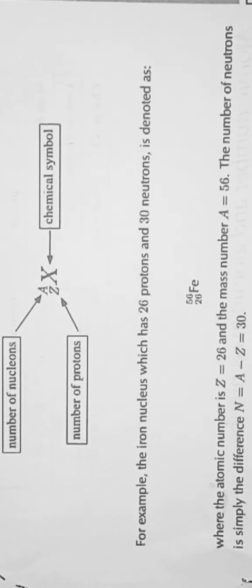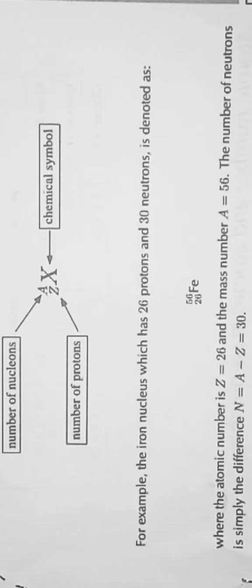In order to find the number of neutrons, you have to take the mass number and subtract the atomic number, which will give you the answer of 30. So it is 56 minus 26.